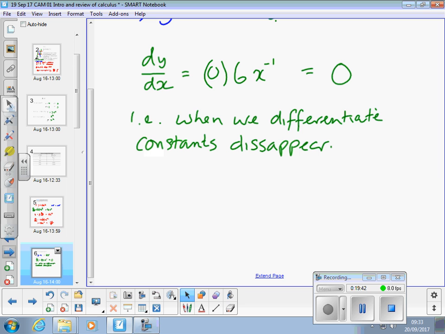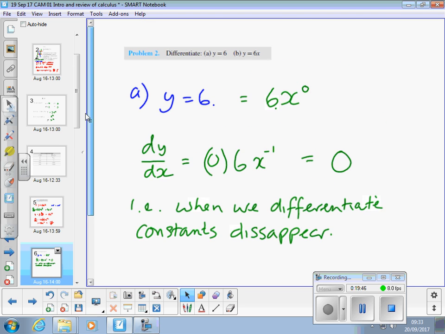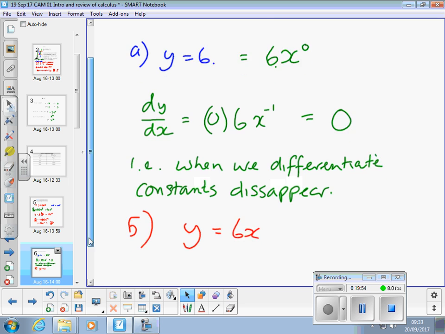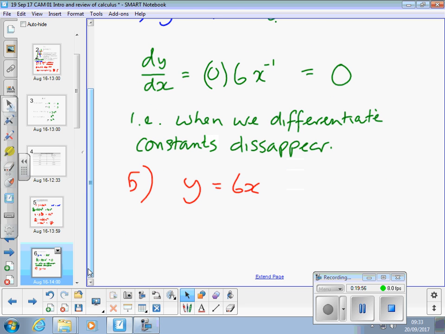So, and secondly, on this page, B, y is equal to 6x. Can we write that? We can apply differentiation to it. Power of 1, yeah, because then x will still equal x, won't it?